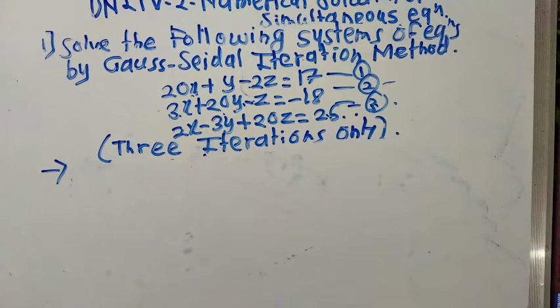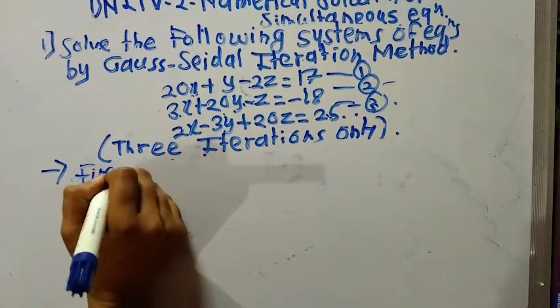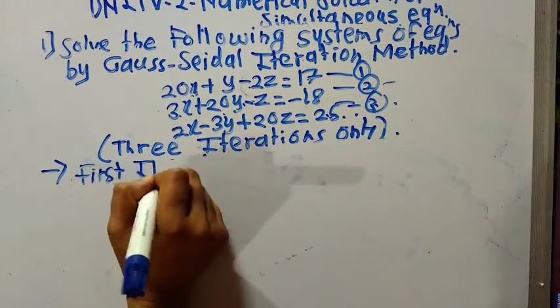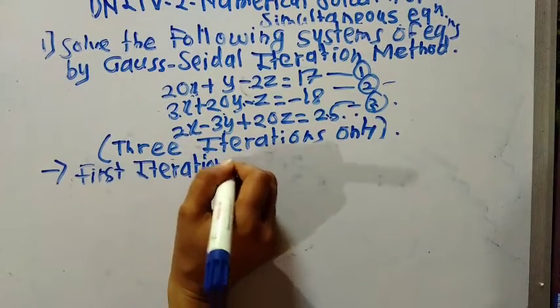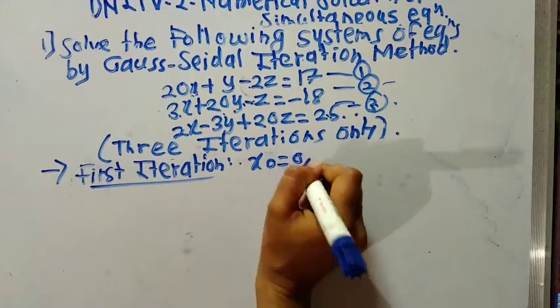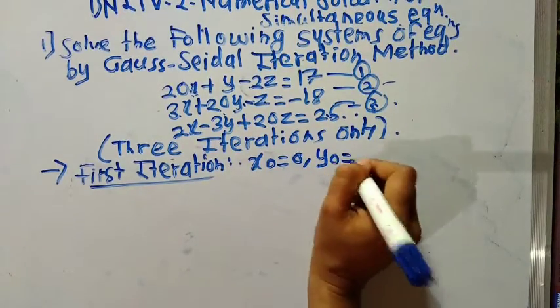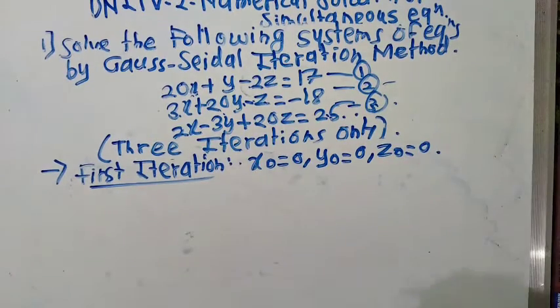Then here find the first iteration. Hence for the first iteration x0 is equal to 0, y0 is equal to 0 and z0 is equal to 0.